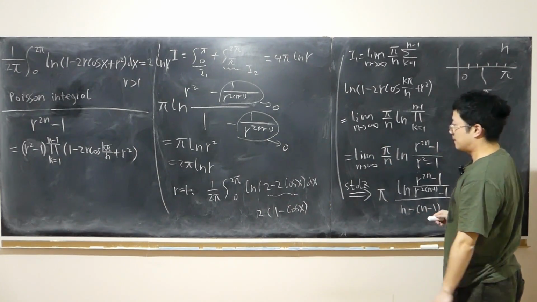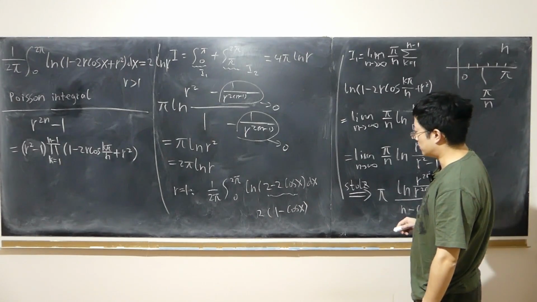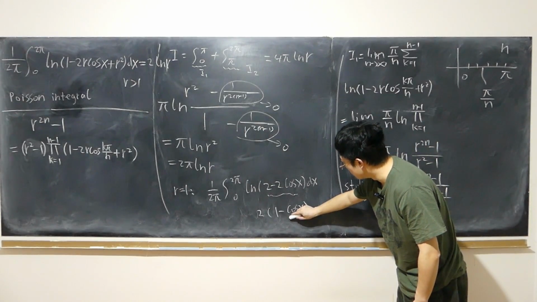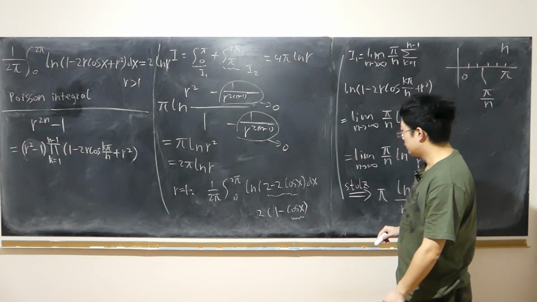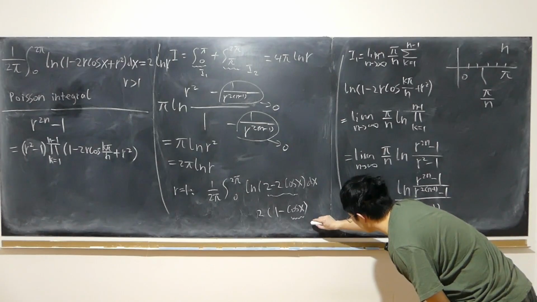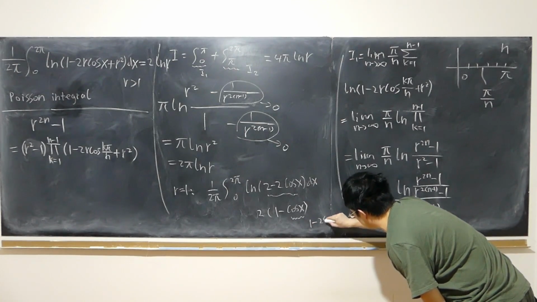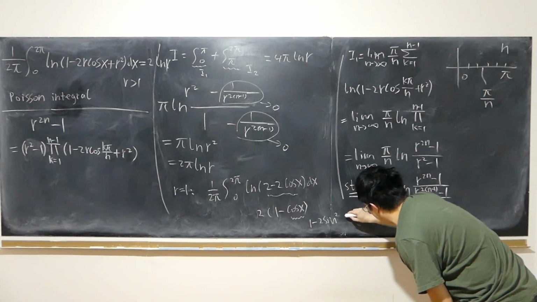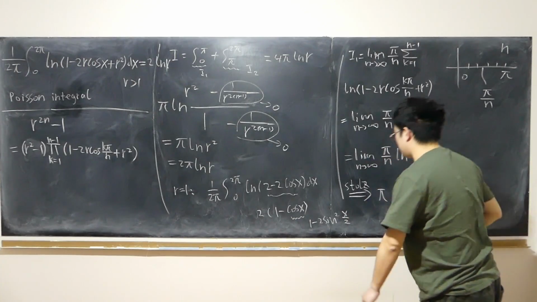As long as we use the double angle formula, turn cosine x into 1 minus twice sine squared of half of x.